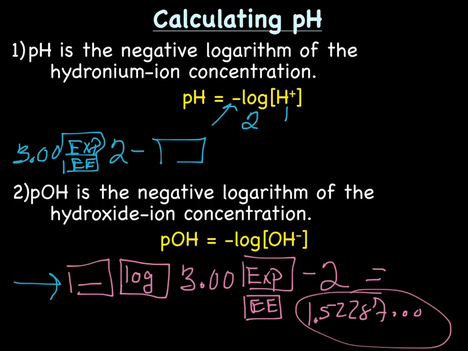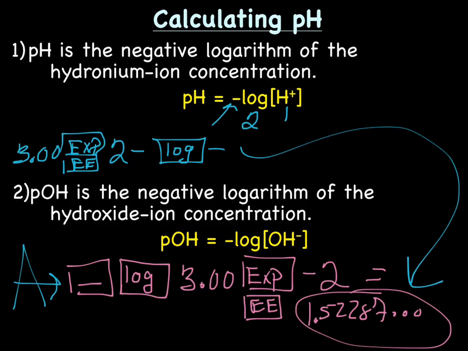Then your log button and then your negative. And then hopefully you'll get the answer 1.52287 and so forth. So hopefully one of those two ways got you to be able to use your log button. I'm going to suspect that for most of you, this is what you'll use. Now let's try a real problem.